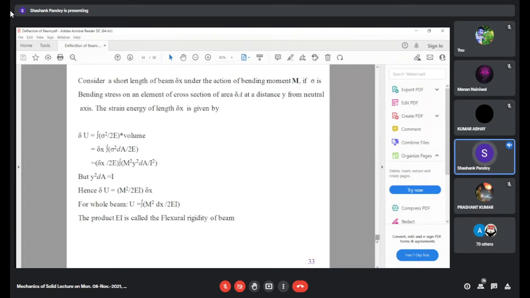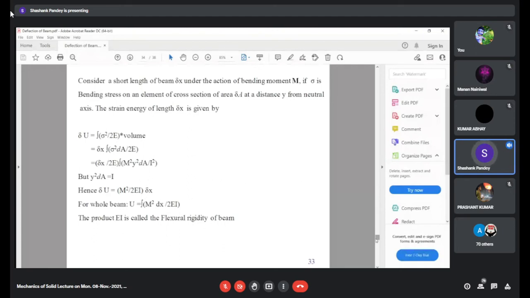Volume may be expressed as dA into delta x, and this delta x we will take out of the integration as constant.